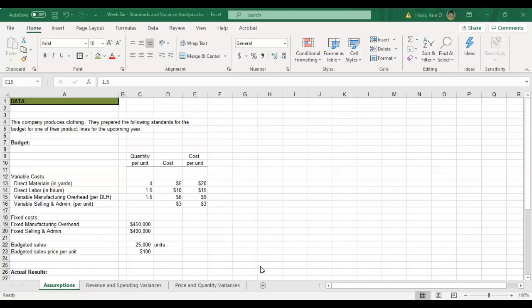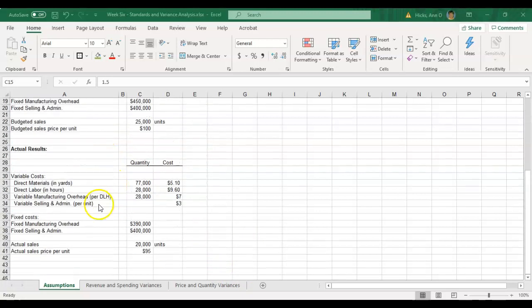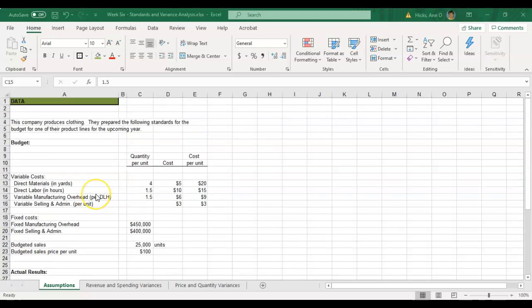You can read more about those types of decisions if you're interested. We're going to focus now, though, on what we do with this data, these standards. So the assumption page, as I said, is exactly what it was in the example we used last week.